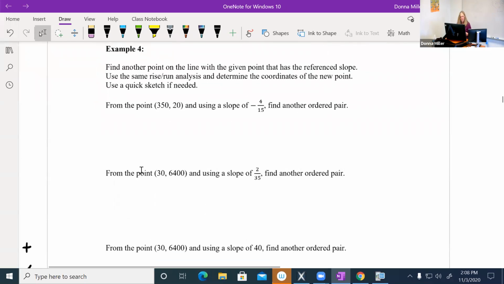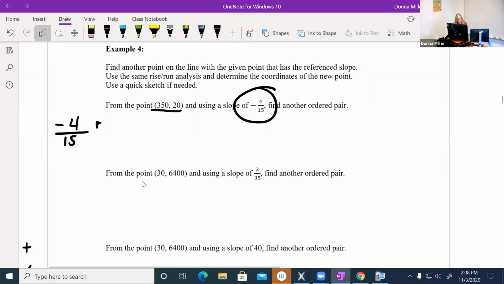Now, what happens if they get nasty? You really don't need to graph them, okay? If you think about it, I'm going to find another point, given that I know what the point is. So I have this nasty point, but I know the slope is -4/15, right? This is rise over run, so y is going to go down 4 and x is going to go up 15.